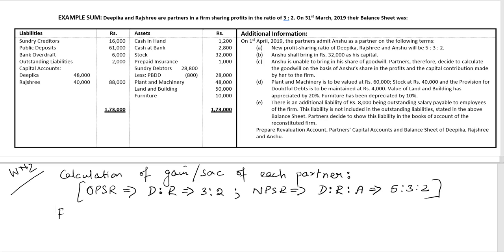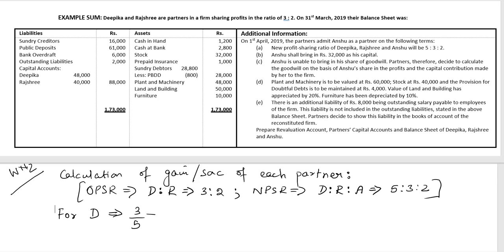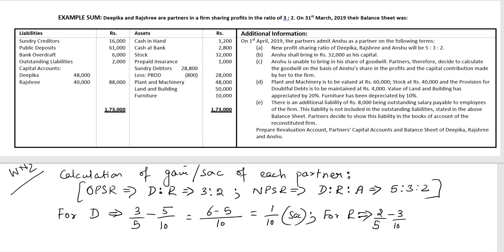For Deepika, old share 3 divided by 5 minus the new share 5 divided by 10, we have a positive 1 divided by 10. So Deepika has sacrificed. For Rajshri, old share 2 divided by 5 minus the new share 3 divided by 10.